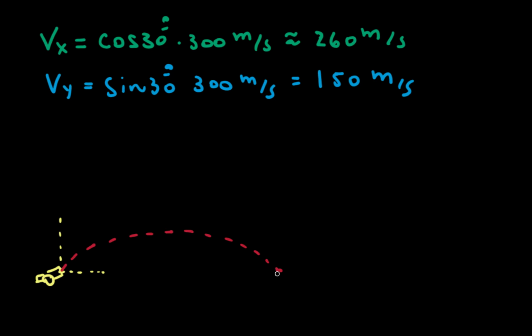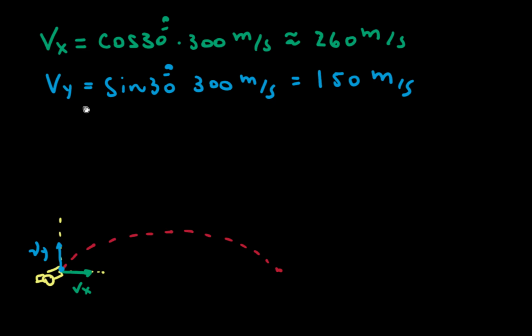Okay. So now what we know is that when this projectile leaves the cannon, we figured out what the velocity in the x is, and the velocity in the y, we also know this one. They are at that point right there.